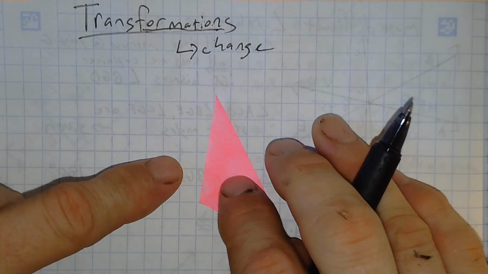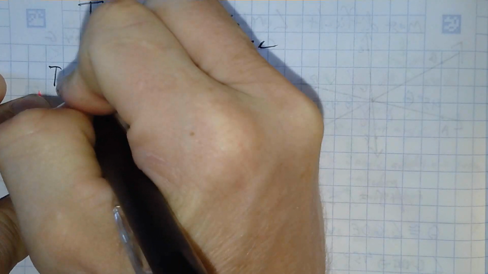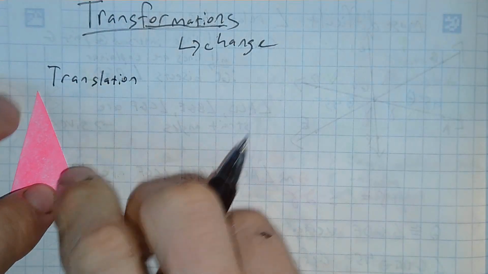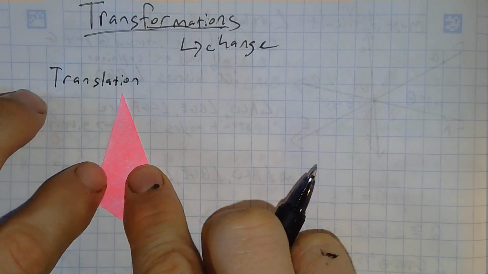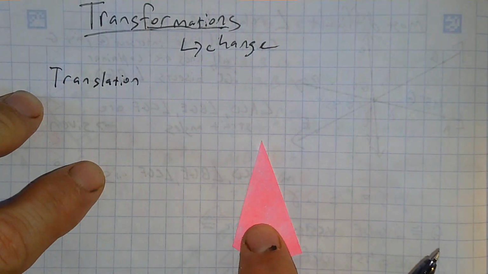Okay, so the first one I talked about is called a translation. A translation is when I just move it left, right, or up or down.